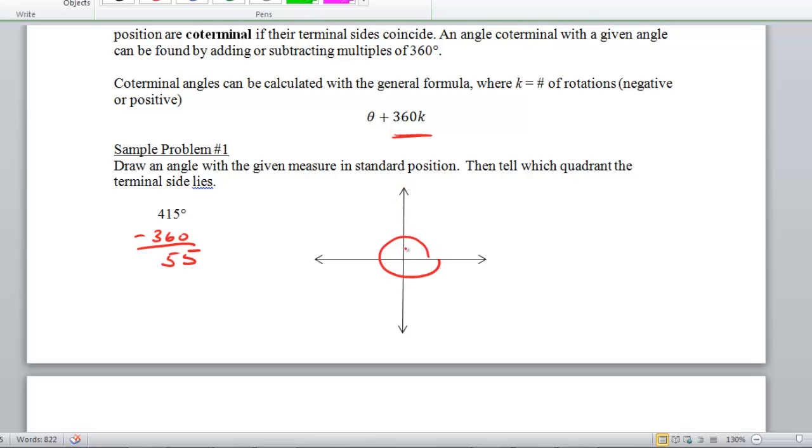Now, if you recall, we know that the axes create 90 degrees, so 55 degrees is going to be somewhere in the middle there. I'm not looking for you to be extremely precise, or for an actual measurement. I'm just looking for you to know which quadrant these angles are going to fall in. So that's quadrant 1, and that's 415 degrees.